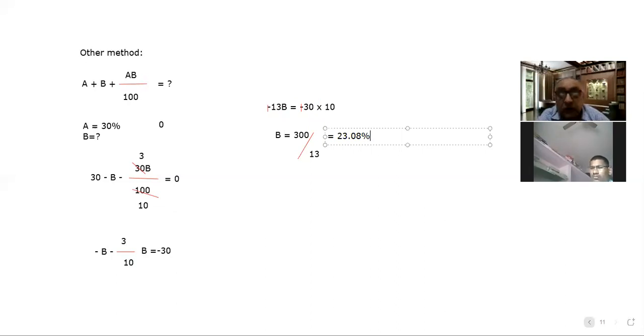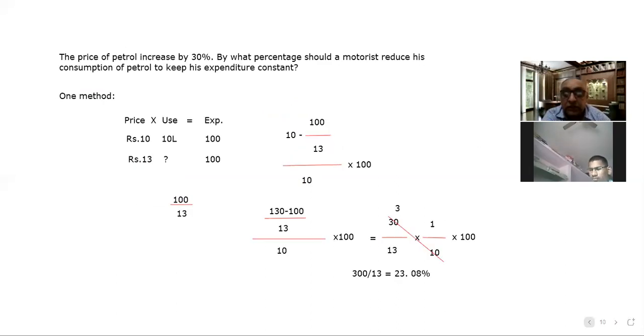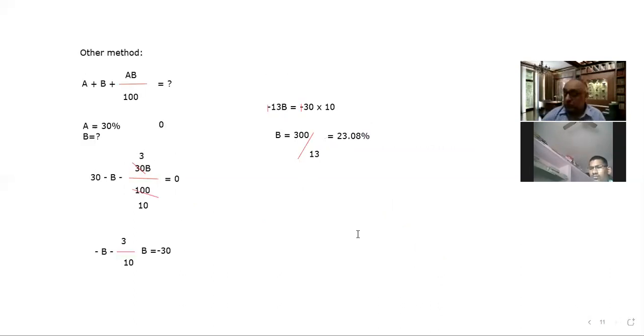In the earlier screen also, 300 upon 13 was the last result. Here also 300 upon 13 is the last result. So that's why this is easier, I think. Anything else? It's done.